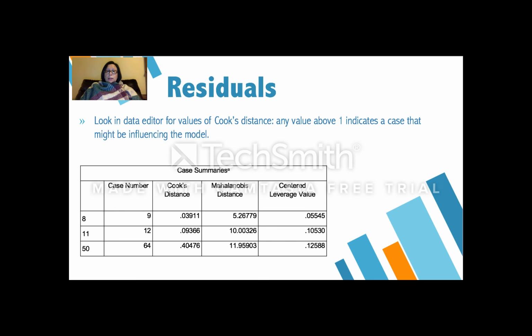One way we'll do that is by now looking at the data editor for values of Cook's distance. None of these cases have a Cook's distance greater than 1, even case number 64. So none of these cases have an undue influence on the model.